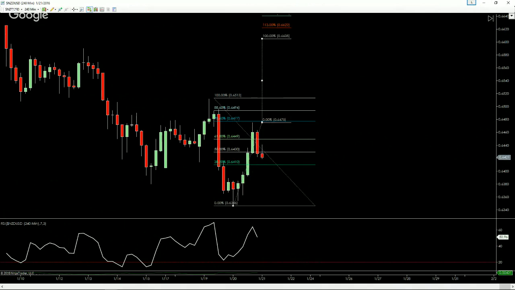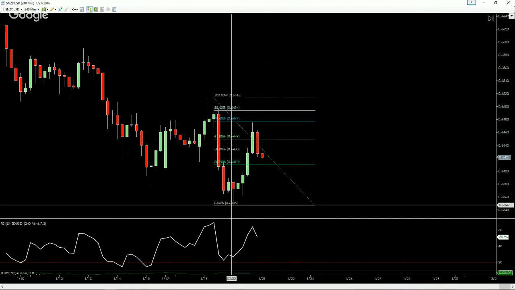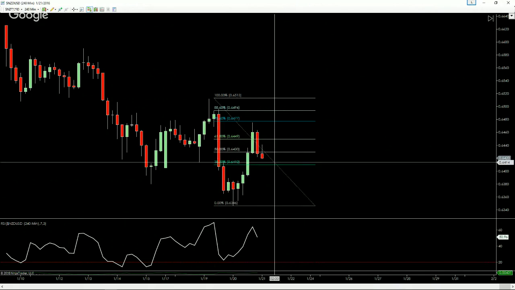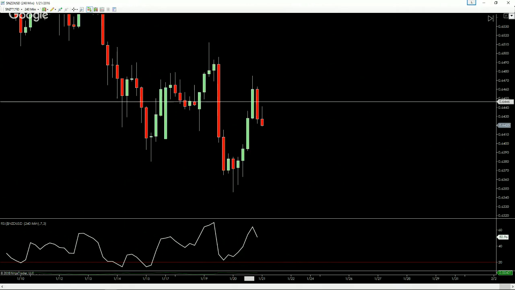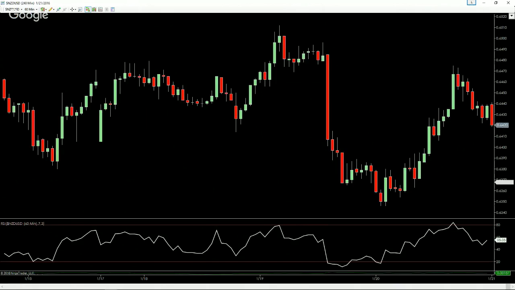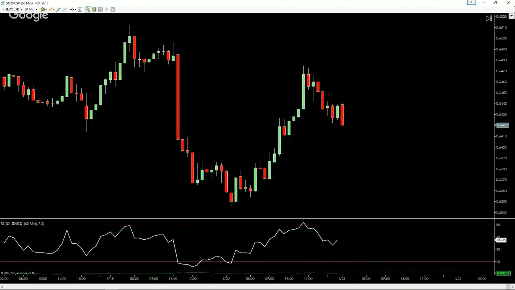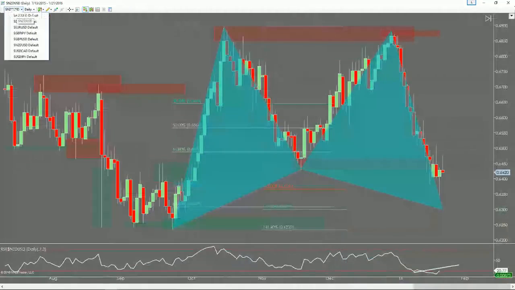Another possible Gartley pattern, but not yet. Our Fibonacci levels are not yet met, so let's go down to 60. Nothing much there. Let's go down to Euro Yen.